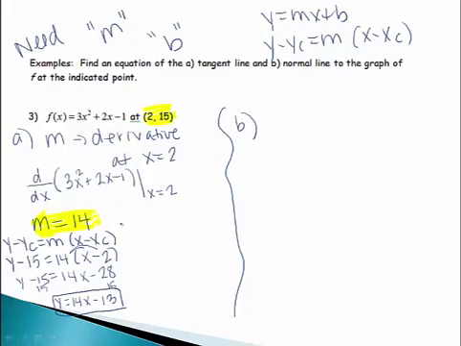Now, if you didn't like that, plug in your y value, plug in your m, plug in your x, and start solving for b.